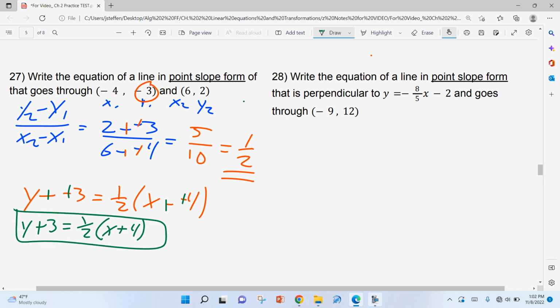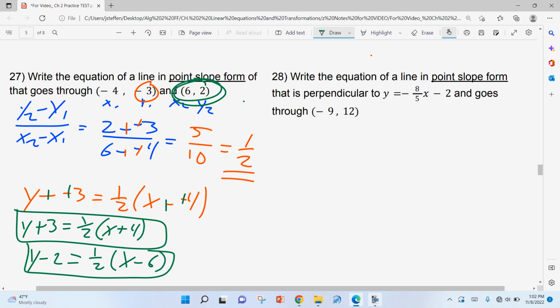So that's one answer. The other answer is you could do the same thing just using this ordered pair. So y minus 2 is equal to 1/2 times x minus 6. Now again, for point slope form, those are the two different answers, but they're actually the same equation. If you would put those into standard form or slope intercept form, they would indeed both get you the same answer.